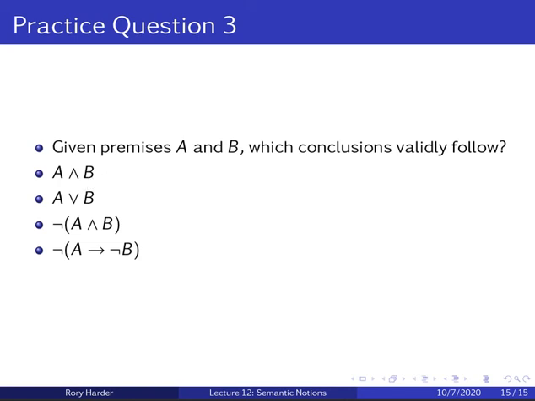I'm going to walk through with the first one how to create a truth table to test whether the argument with premise 1 A, premise 2 B, and conclusion A and B is valid.